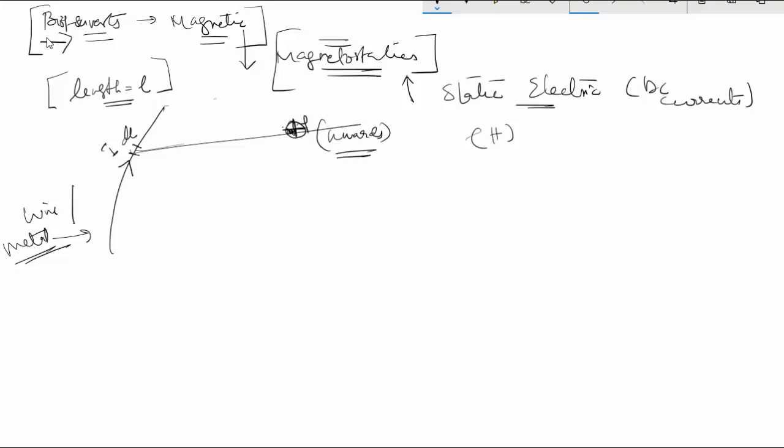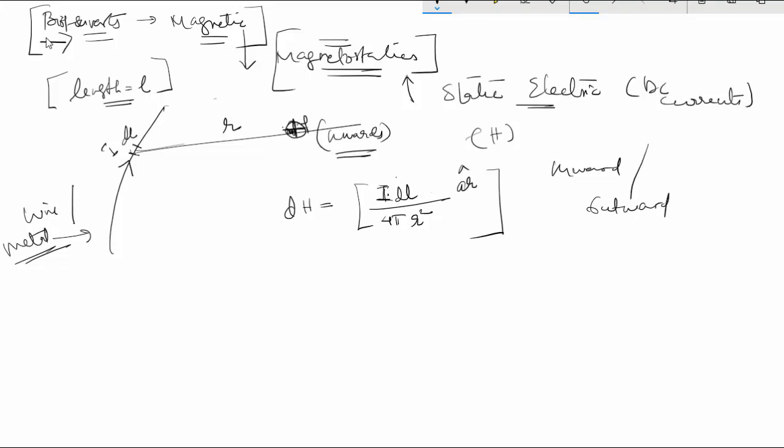This magnetic field intensity can be given by the equation dH is equal to the current flowing through the infinitely small length, I dl, that is the current into length, divided by 4 pi r square, that is the distance squared, and the direction of this a_R will be inward or it will be outward.